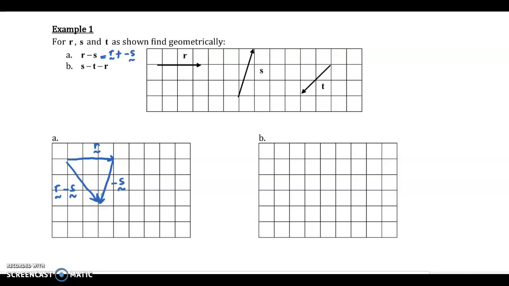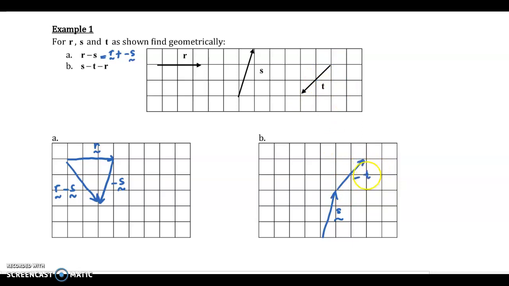Example B as well. I'm going to do S plus a negative T plus a negative R. So my S vector is over there. That's my positive one. I'm going to put that down here. And then I need to add a negative T. So it would be in the upward direction across 2 boxes.